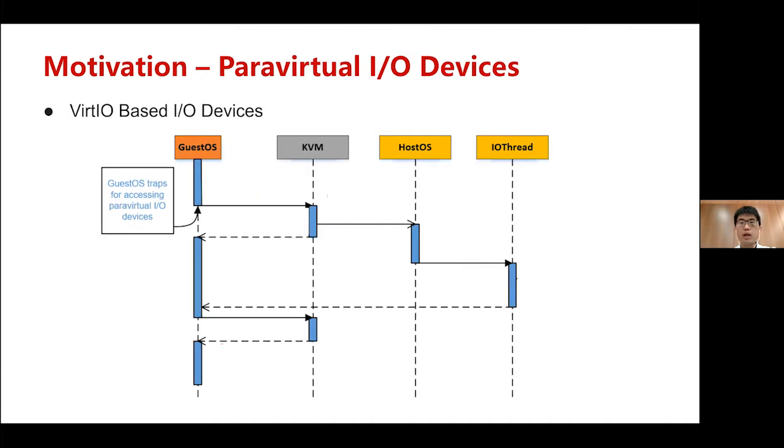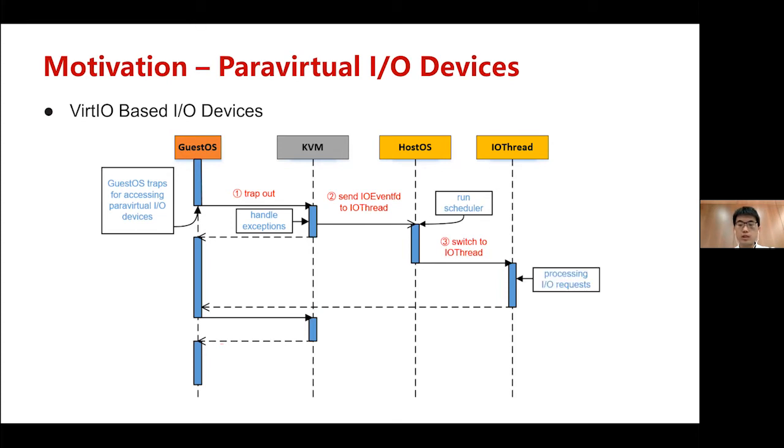As for paravirtual I/O devices, which are implemented using I/O threads based on the virtio framework, they also incur costly context switches. The difference is that the guest traps out to KVM and KVM sends an I/O event FD to blocking I/O threads. This is done by sending IPIs to target CPU cores instead of handling exceptions in the same CPU core. In the target CPU core, the kernel scheduler wakes up the I/O thread to process I/O requests.